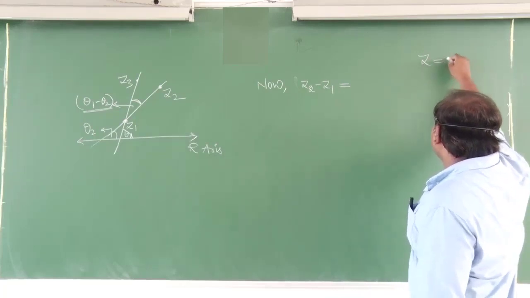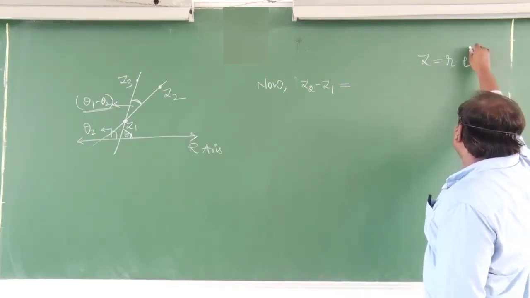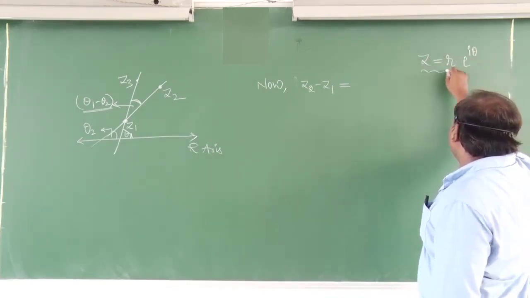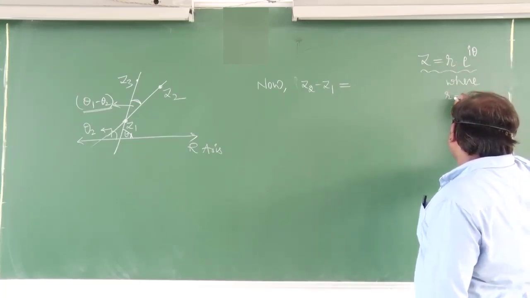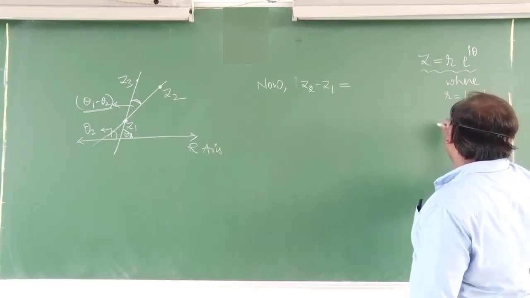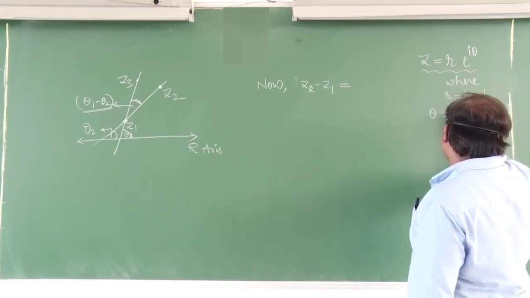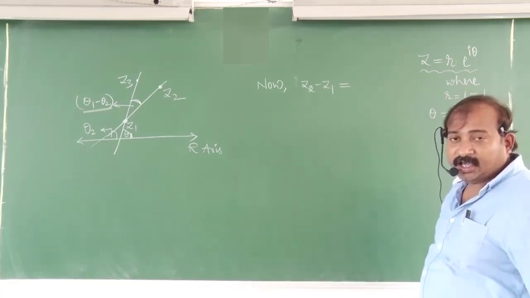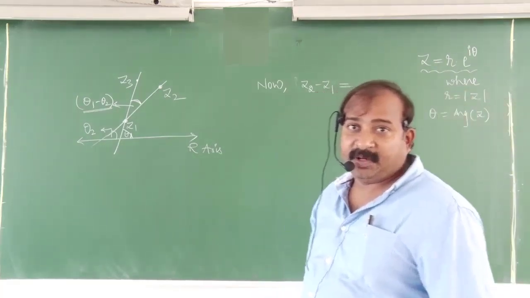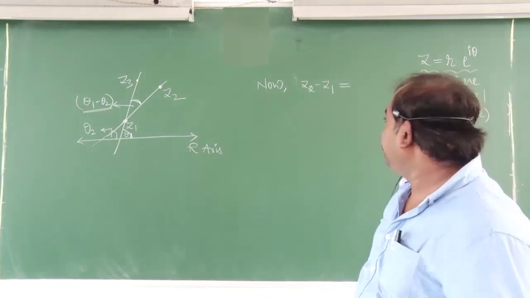Z equals R into e power i theta, where R equals modulus of Z, theta is the argument of Z or amplitude of Z. This is the polar form of the complex number. Number of times already we have given.